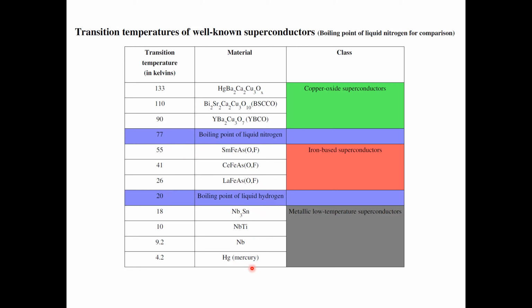And these last four are in the form of metallic compounds. This has to be very, very low, so you have to deal with liquid helium to get the superconductivity phenomena. Okay.